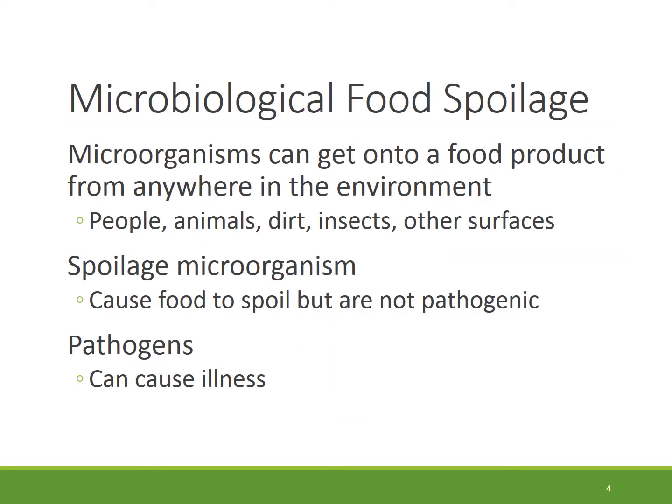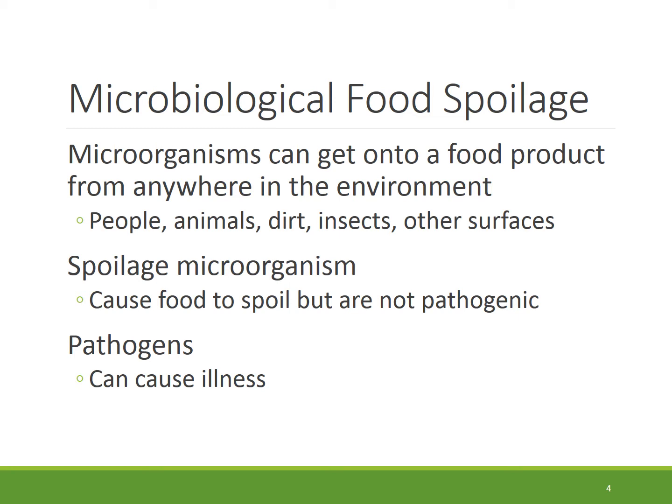Microorganisms can get onto the food product during any stage. Primarily they come from the environment, the soil where the produce was grown, the land that an animal was raised, from people that are handling the product, insects, transportation from pre-harvest to post-harvest environment, and anywhere along the processing, retail, and consumer home path.